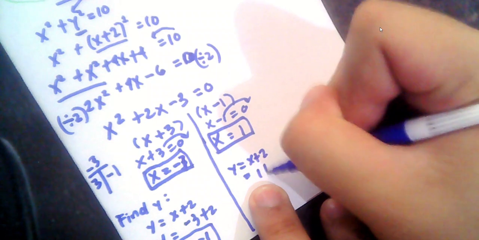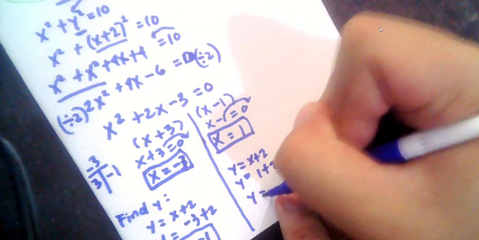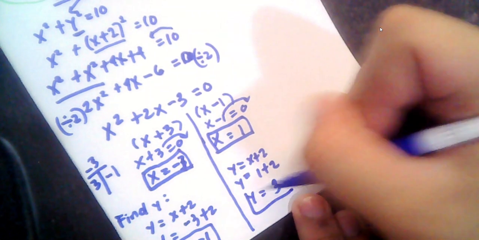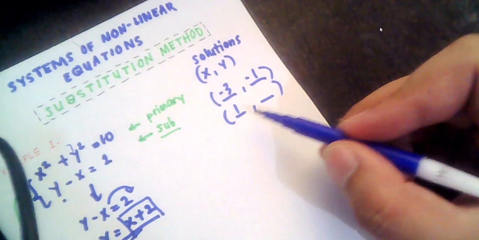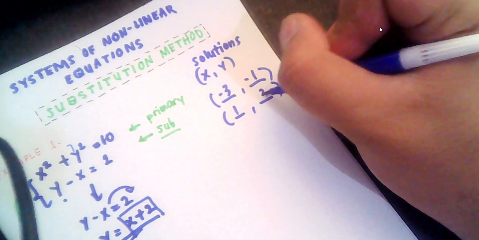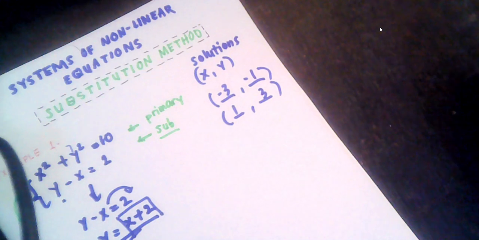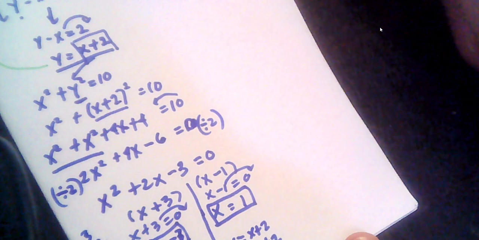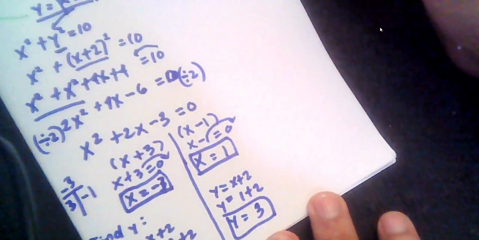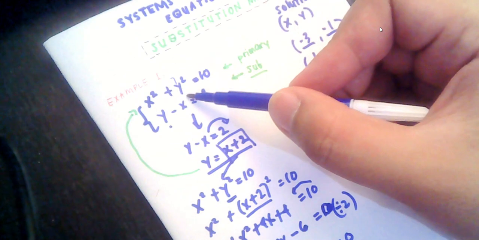X is 1 plus 2, so y is equal to 3. You have x and y, x and y. There are two solutions.